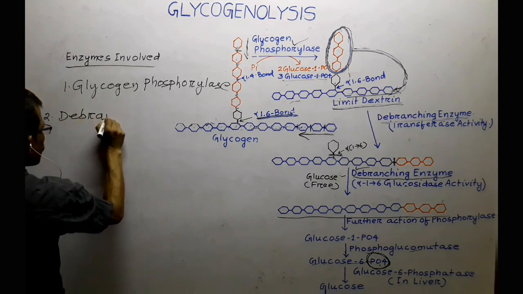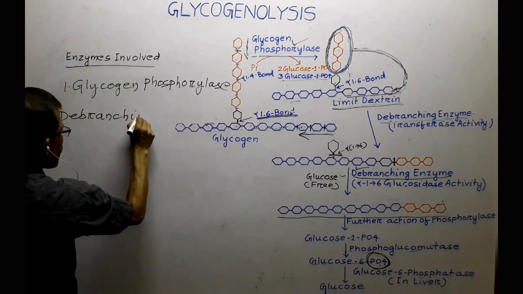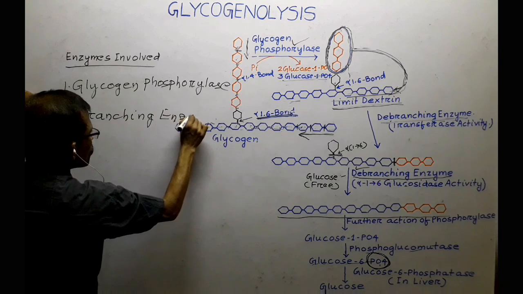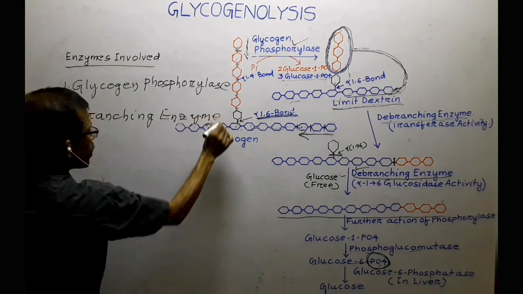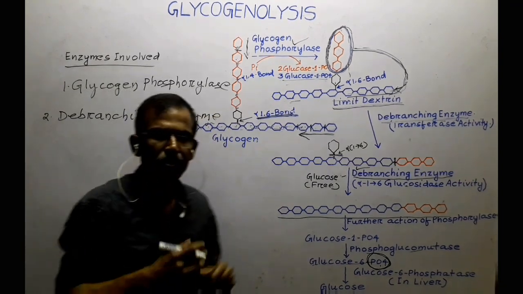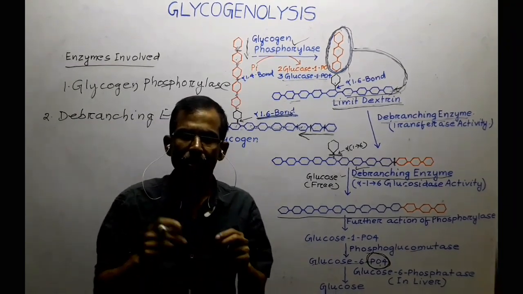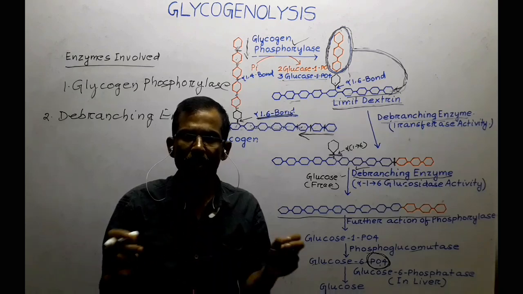It is known as debranching enzyme. It is one of the few known proteins which has two different catalytic activities that are located on the same polypeptide chain.